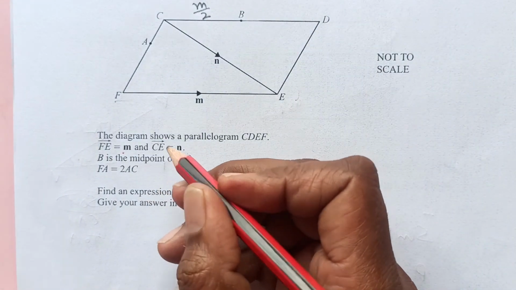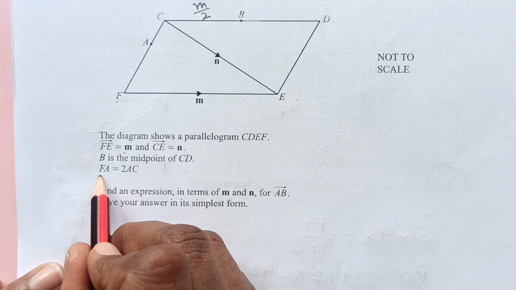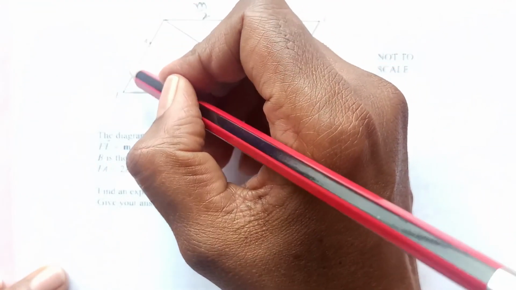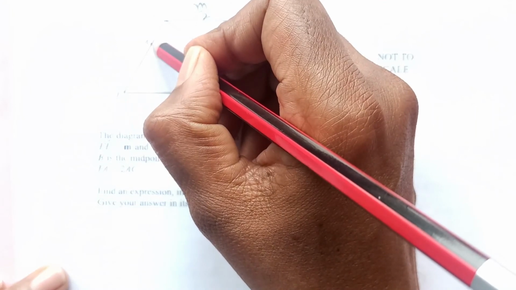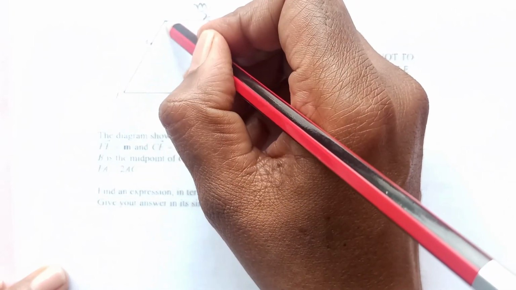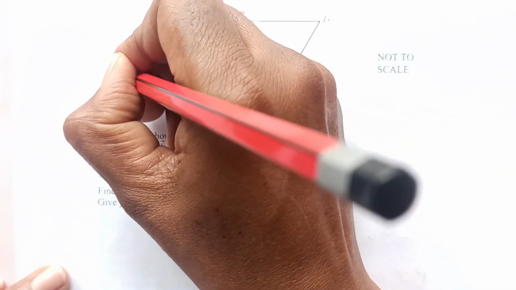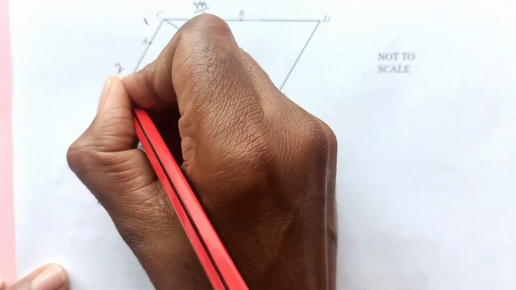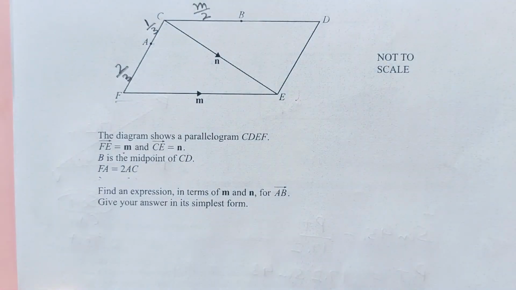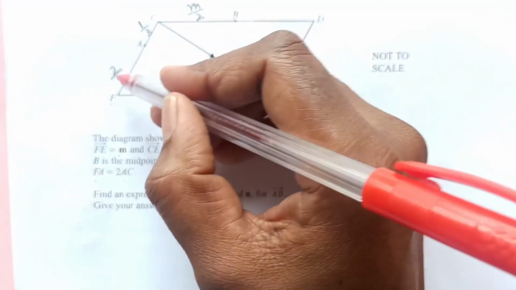So now FA is 2 times AC. FA is in ratio 2 to AC, so this part is 2 and this part is 1. This is 2 over 3, this is 1 over 3, because the total is 3.